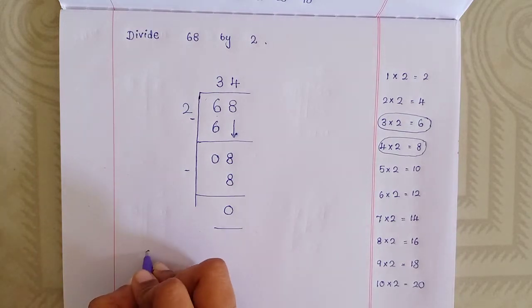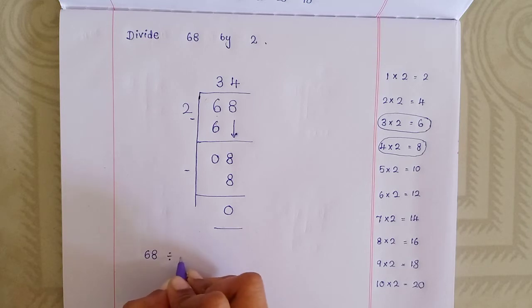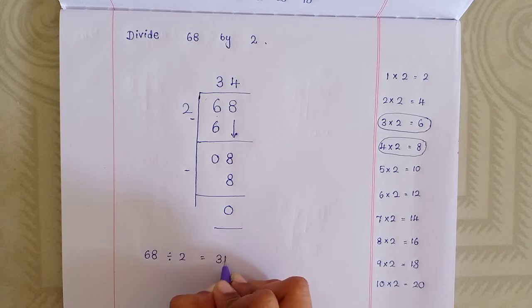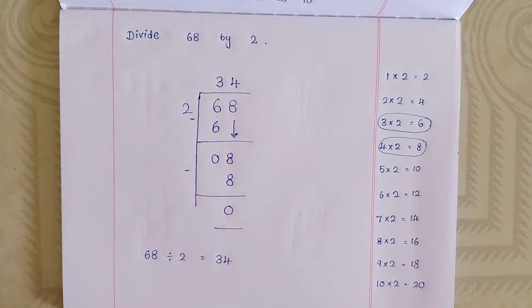Okay, you write here: 68 divided by 2 is equal to 34. Do you understand? Do you understand, children? Okay, now open your maths note.